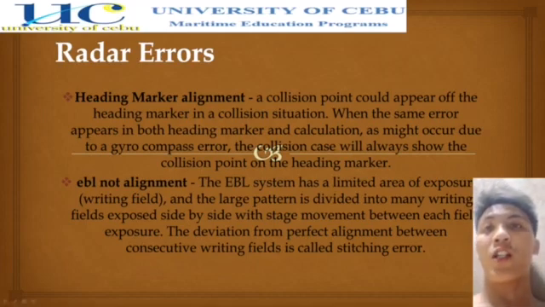EBL not alignment. The EBL system has a limited area of exposure or writing field, and a large pattern is divided into many writing fields, exposed side by side with stage movement between each field exposure. The deviation from perfect alignment between consecutive writing fields is called stitching error.